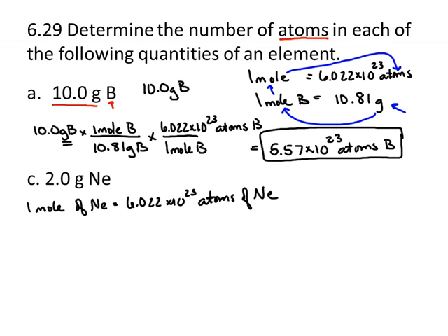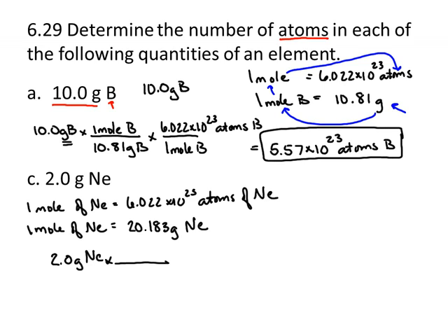And when I look at the periodic table, I see that 1 mole of neon equals 20.183 grams of neon. So I'm going to start with my grams, 2.0 grams of neon. And then I want to cancel grams. And I can see that right here, I have a mole to gram relationship.